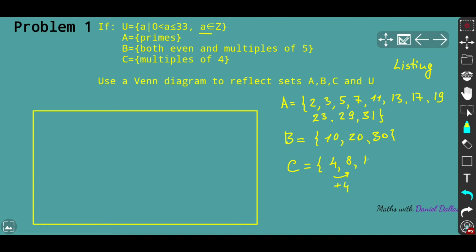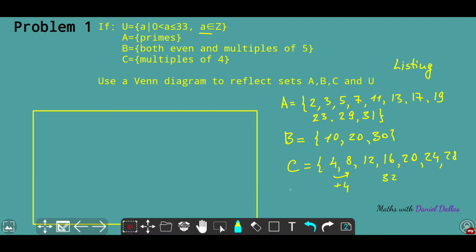So the next ones are 12, 16, 20, 24, then 28, and 32 is going to be the final number in the row.